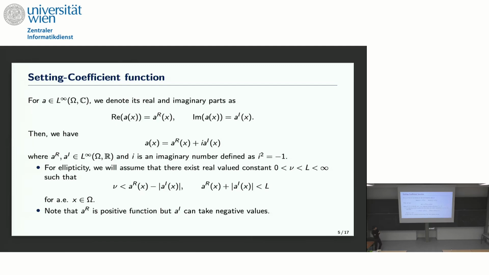For the ellipticity, we assume there is some constant such that A_R, the real part, minus the absolute value of the imaginary part is strictly bigger than μ, and they are bounded by some uniform constant. So in the coefficient, the real part must be positive, but we allow A_I to take negative values.